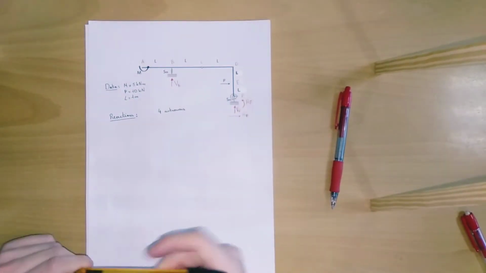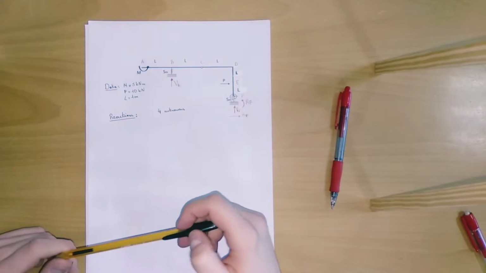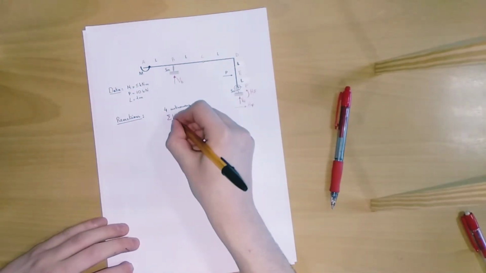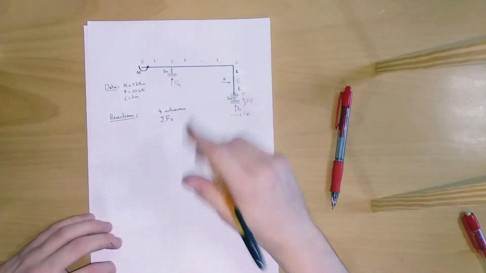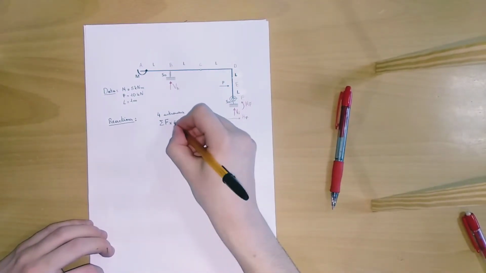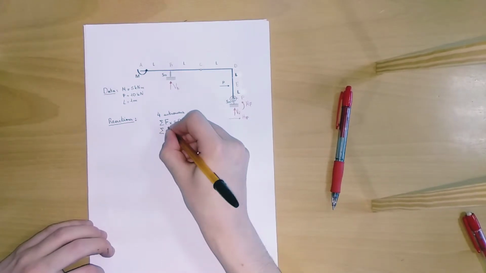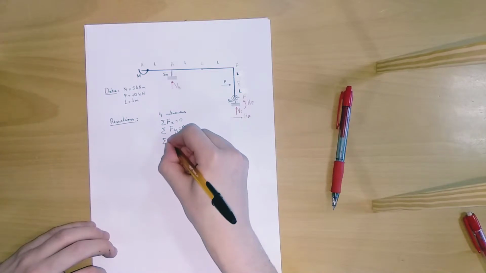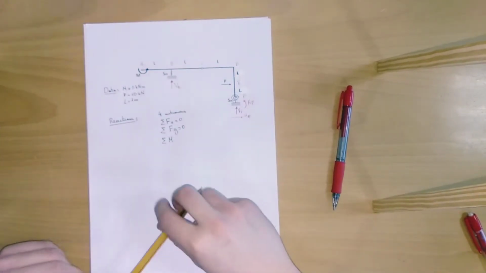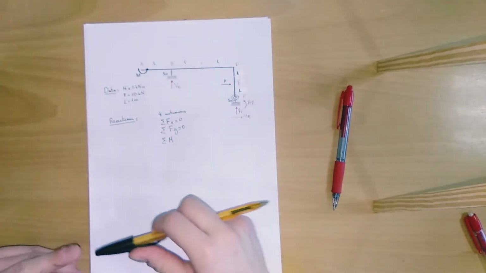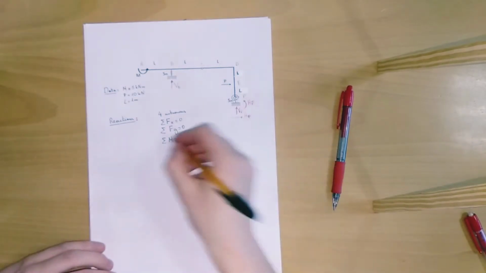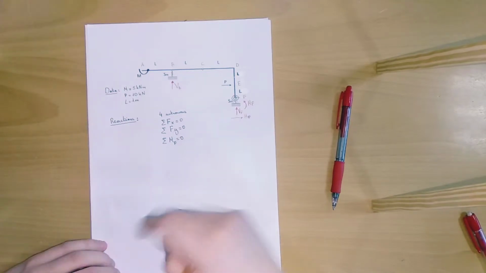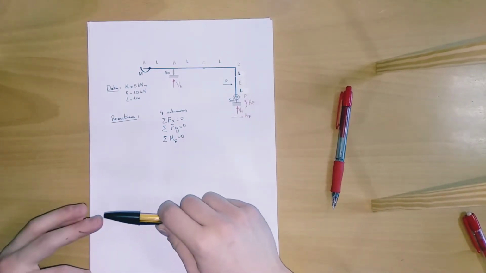The different equations for solving these reactions are: the sum of the forces in the horizontal direction must be equal to 0, the sum of the forces in the vertical direction equals 0, and the sum of the moments in one of the points we want in the structure must be 0. In our case, we're going to take the point F, as it is the one which contains more forces and unknowns.